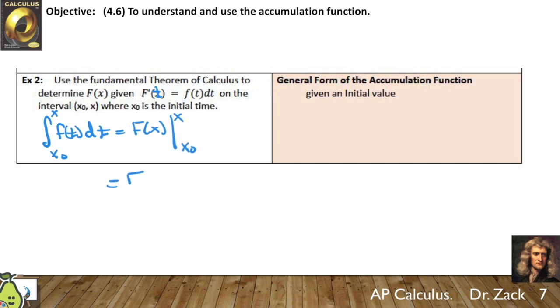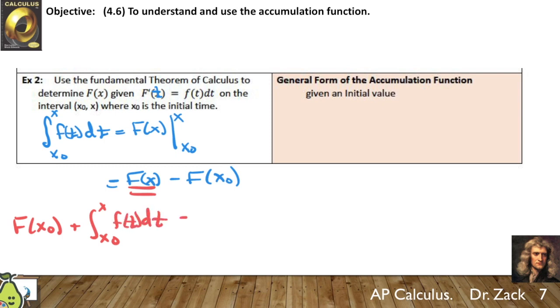And once you substitute, you have capital F of x minus capital F of x naught. Now, specifically, we are interested in solving for capital F of x. Just do a little bit of addition. You will have capital F of x naught, which is your initial value, plus the integral from x naught to x of f of t dt is equal to capital F of x.